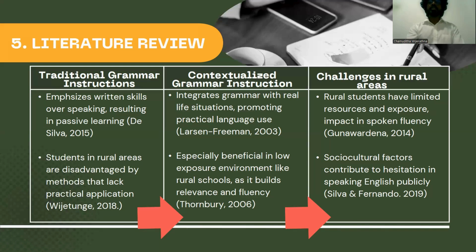Additionally, Silva and Fernando 2019 highlight socio-cultural factors that hinder spoken English proficiency. These include a lack of confidence, fear of making mistakes, and also societal stigma associated with speaking English publicly in rural communities. So these barriers emphasize the need for innovative teaching strategies such as contextualized grammar instruction to make English learning more accessible and practical.